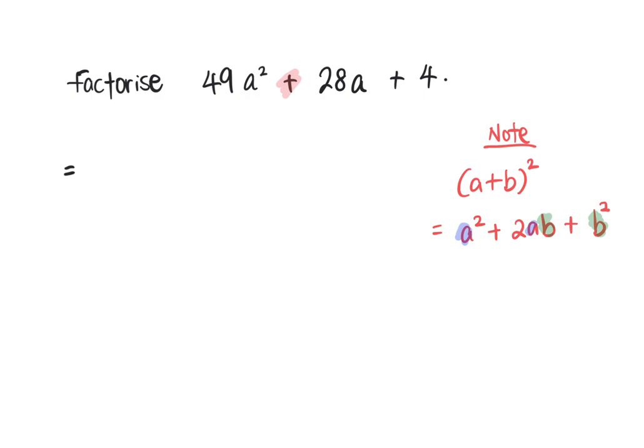So let's move to a first, okay? So you will see Mr. Tan, instead of writing 49a square, I will write it as something bracket square. And of course, within it, a square is a times a. What about 49?